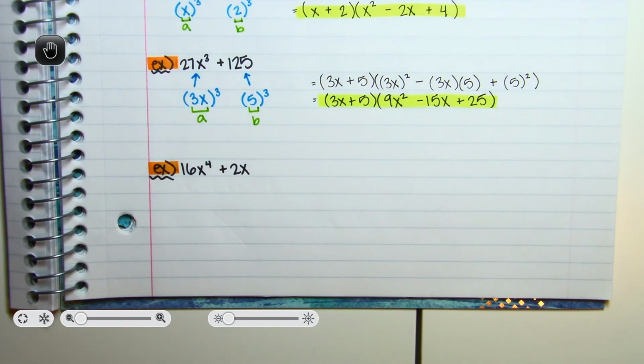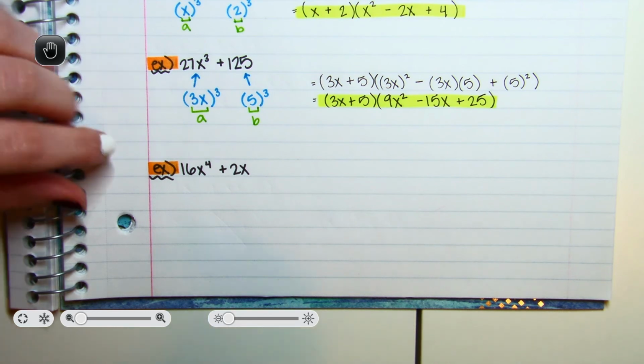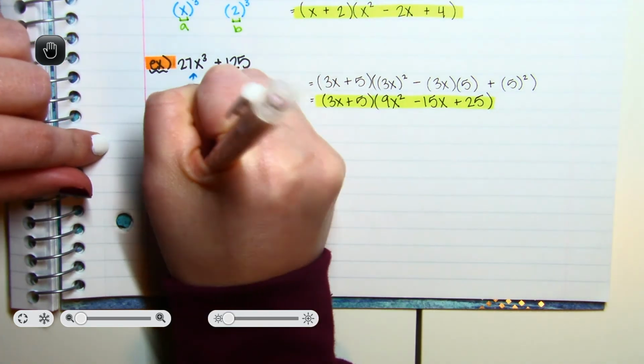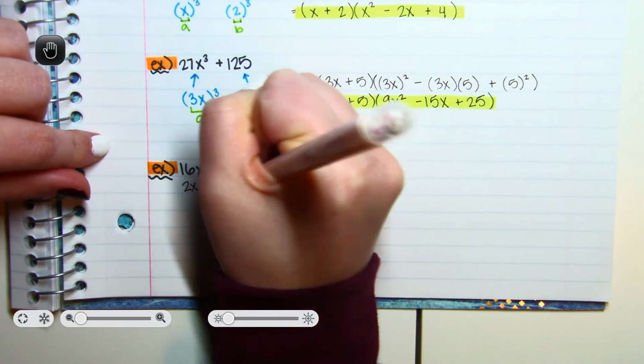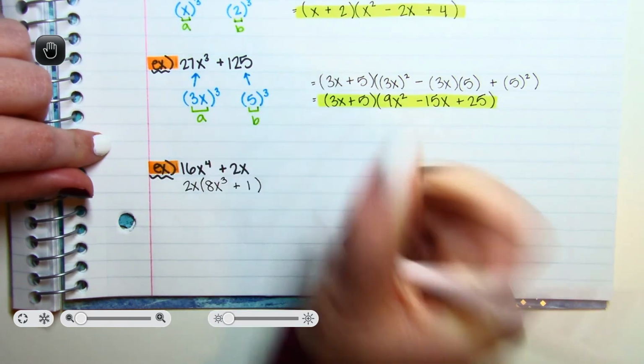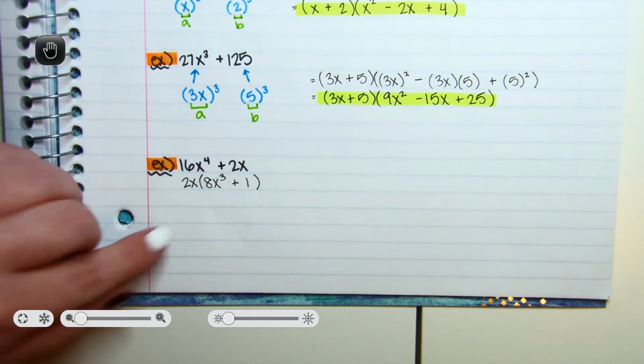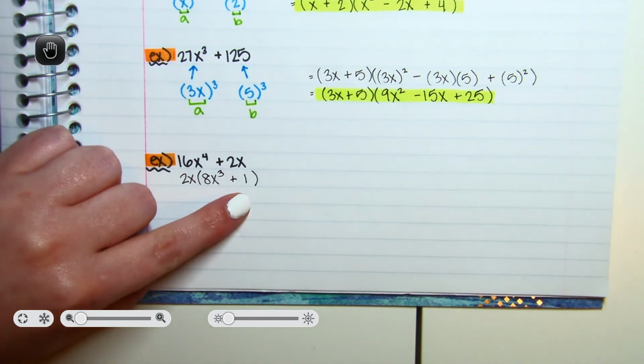All right, looking at another example. First question we always ask ourselves, is there a GCF? You should have said yes. And our GCF is 2x. So I need to factor out the 2x. And then I'll be left with 8x cubed plus 1. Now I know that 8 is a perfect cube and so is 1.